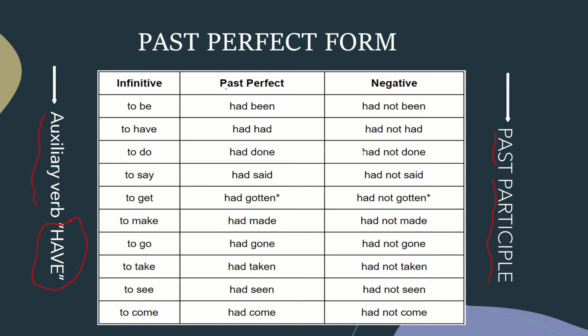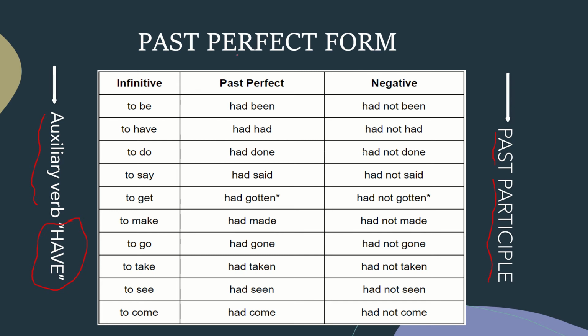Well, the past perfect would be formed in this way: had been, had done, had said, had gotten, had made, had gone, had taken, had seen, had come. So what do we have here?